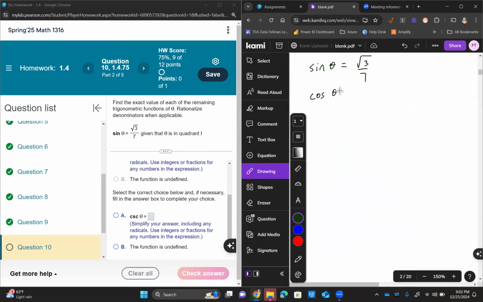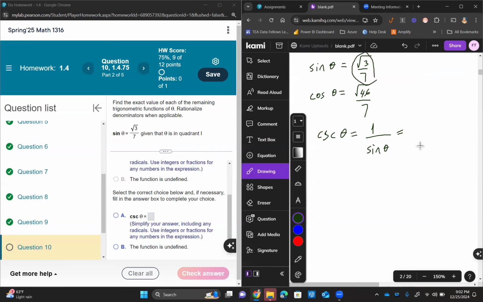The cosine value, we used the identities and we got the value as square root of 46/7. Next thing they're asking is cosecant of theta. Because cosecant is always the reciprocal of the sine, I just have to flip over my sine value.